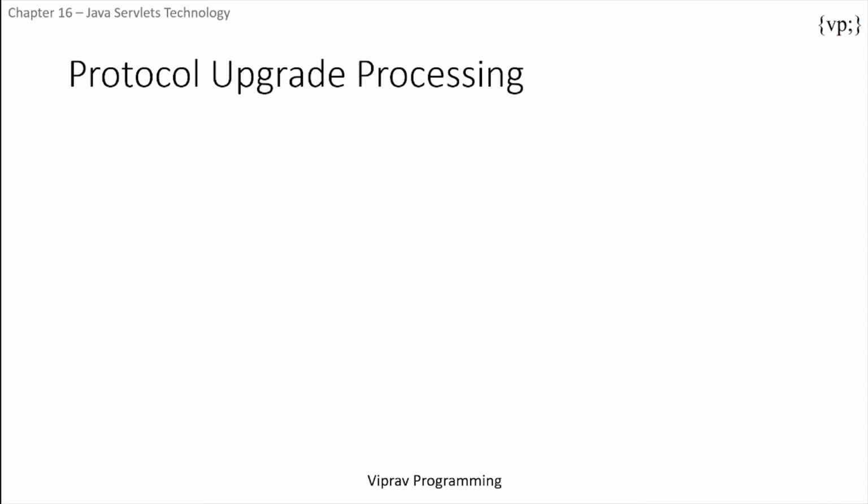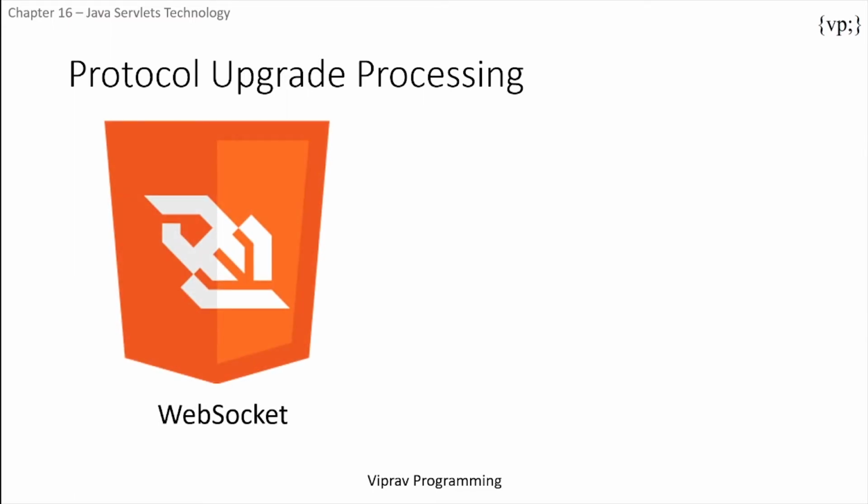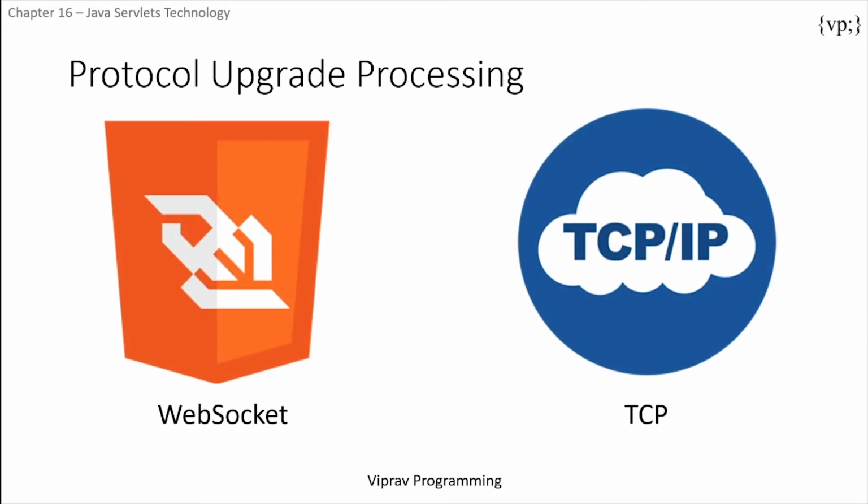So next, one cool thing about JEE is there's protocol upgrade processing. There may be reasons to switch from the default protocol HTTP that we've been using and we know and love, but sometimes you may want to use something like WebSocket or TCP. Whatever the reason may be, JEE has a way for you to change.